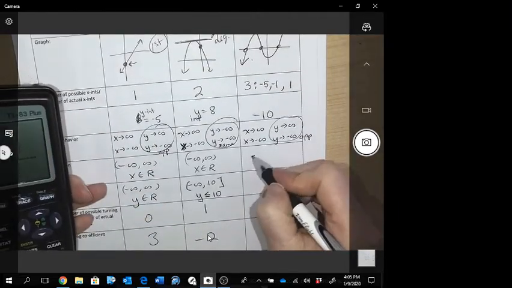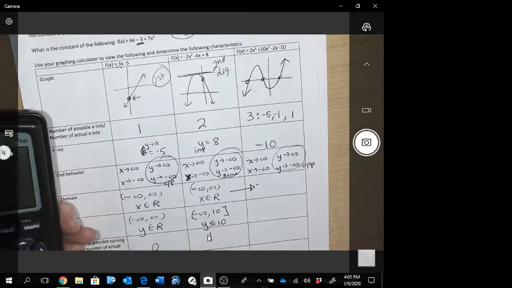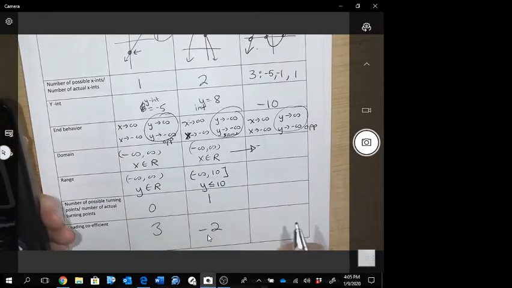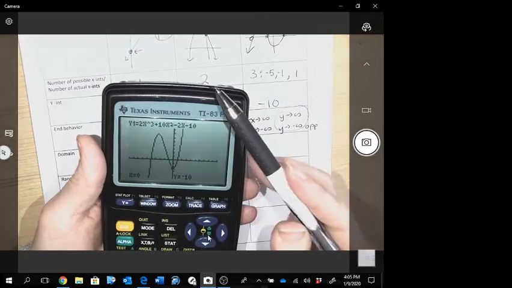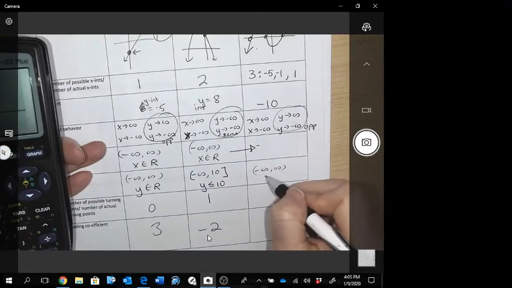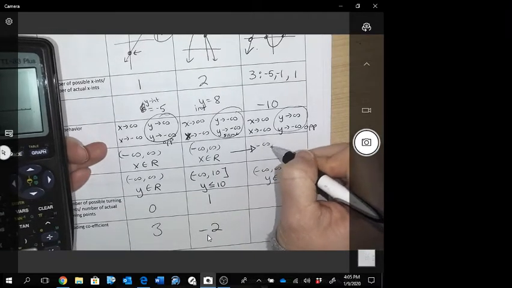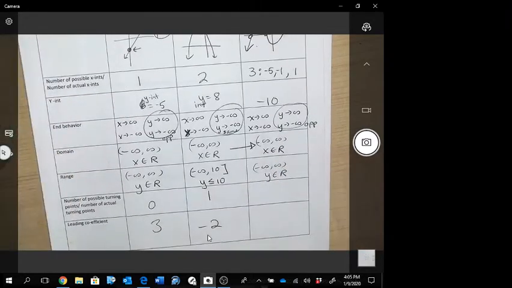Domain, it's going to be the same answer because you're going on forever left and right. And then the range, it's going down, down, down, down, down, and then up, up, up, up, up. So these are same as the first degree. Okay, you can write it either way.